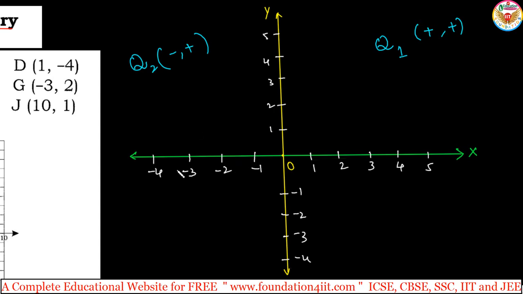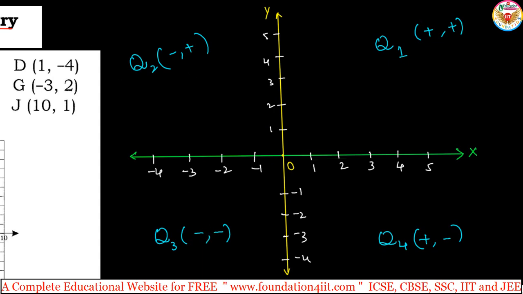And this is quadrant 3, minus comma minus, x and y both negative. We can plot points in this third quadrant. In the fourth quadrant, x is positive and y is negative. We have a total of 4 types: plus plus, plus minus, minus plus, or minus minus.